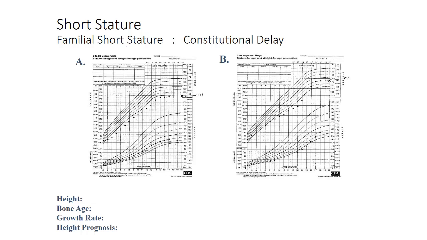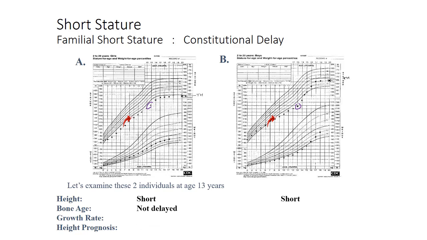So let's compare familial short stature or genetic short stature to constitutional delay. Let's examine these two individuals at age 13, which turns out to be right around here, and see what we can conclude. We can see that they're both somewhat short compared to the general population.